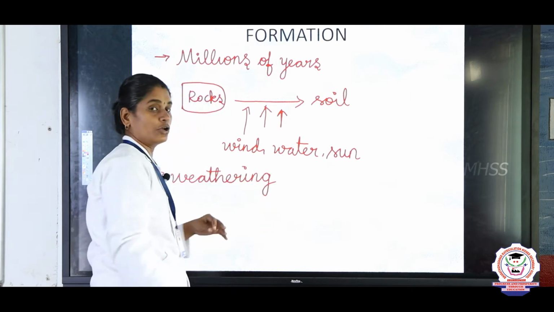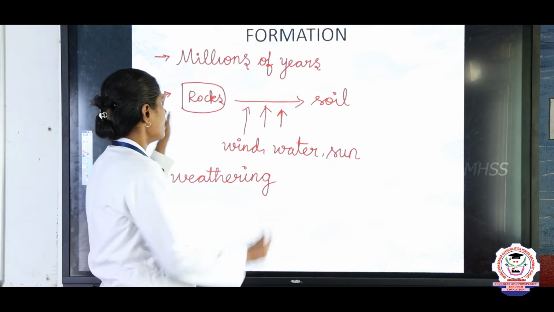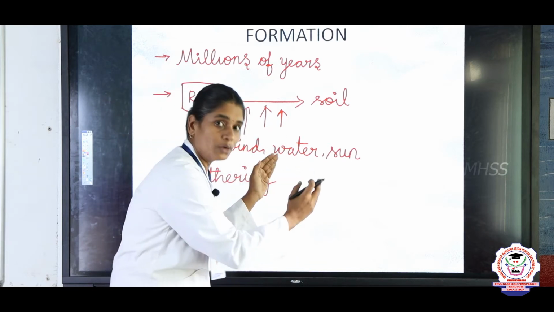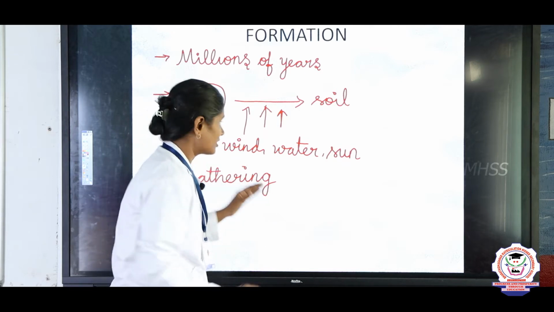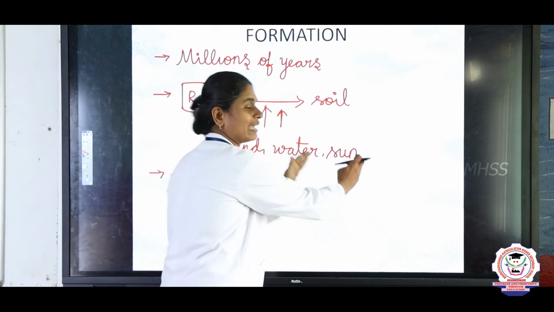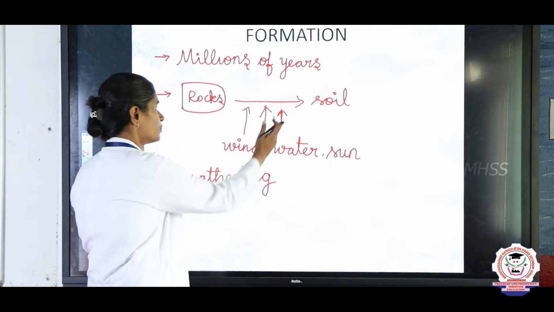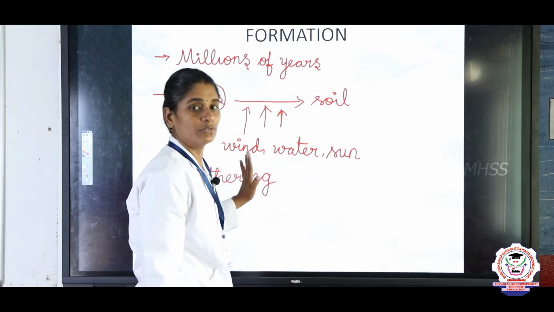They will ask this in your 2 marks. You have to explain that big rocks are broken down into smaller particles by the action of wind, water and sun to form soil, right. This process is called weathering. I hope you all are clear with what is weathering.